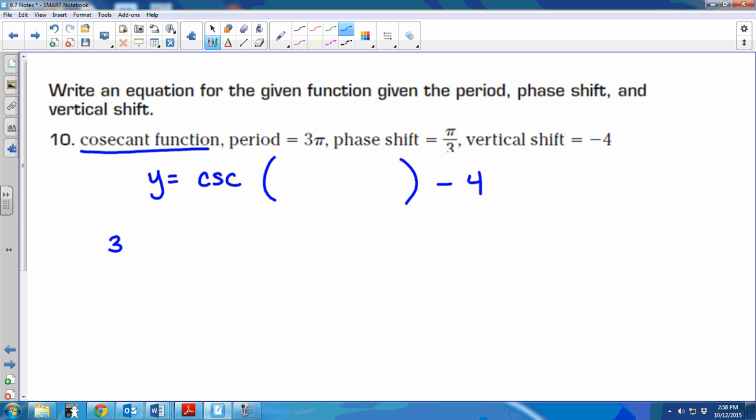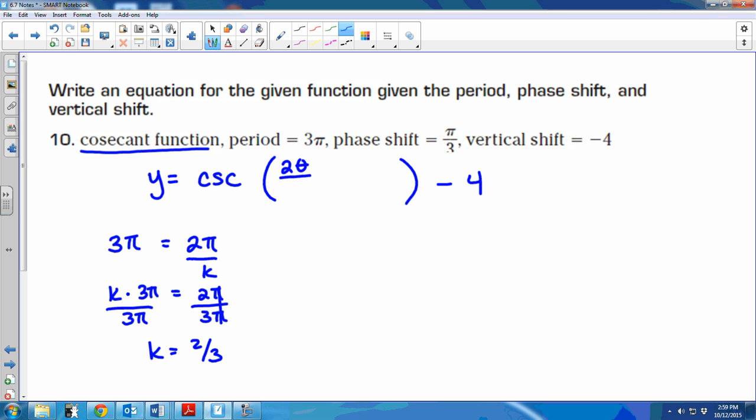So we know the period is equal to 2 pi over k. And so we can cross multiply. You can do as much work as you need to do. Just always show your steps so that everyone knows what we're talking about. So k is 2/3. So I have 2 theta over 3, or you can write it as 2/3 theta. That's fine. Then I have the phase shift, minus whatever c is.